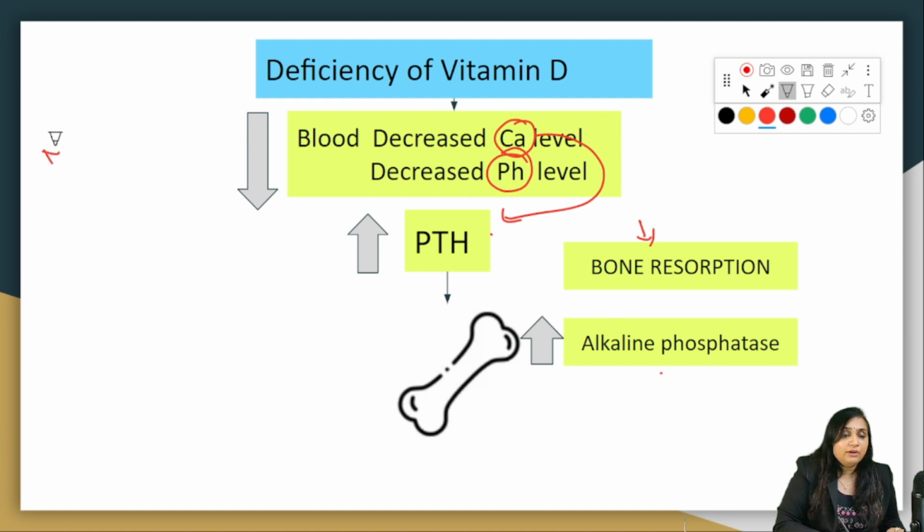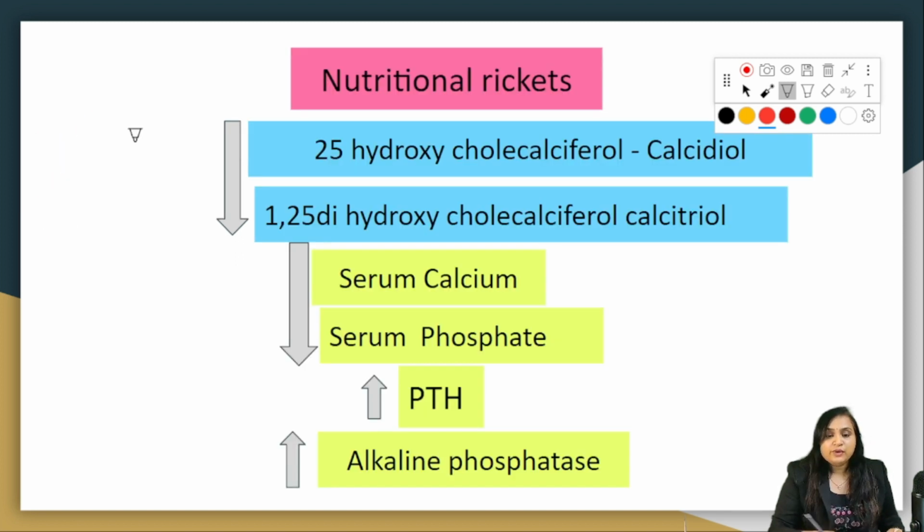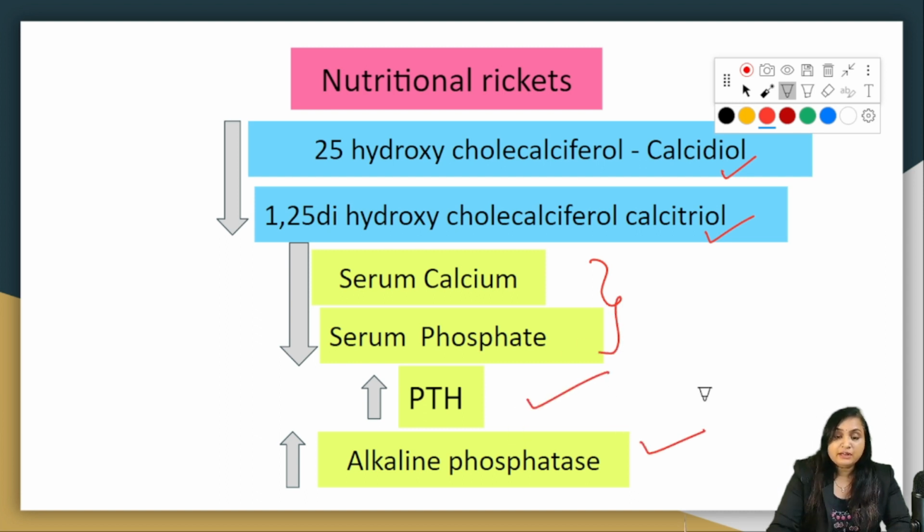Here there will be a normal pH as well as a normal urinary phosphate. So as we have just discussed, we'll have a reduction of calcitriol, a reduction in calcium and phosphate, but an increase in PTH as well as alkaline phosphatase.